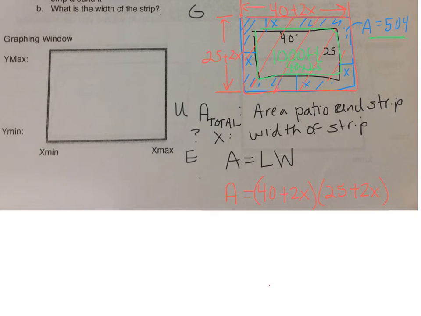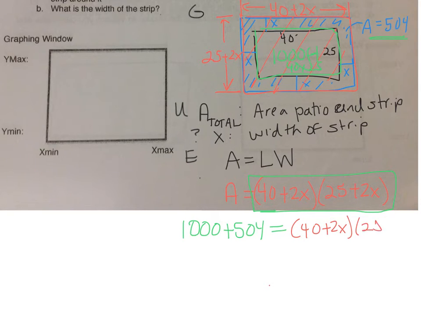So 1,000 plus 504 has to equal this expression for the total area. So I have 1,504 equals 40 plus 2x times 25 plus 2x.